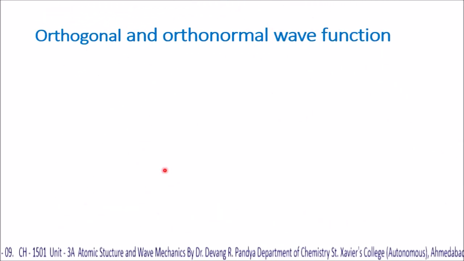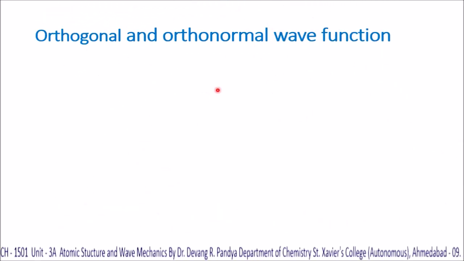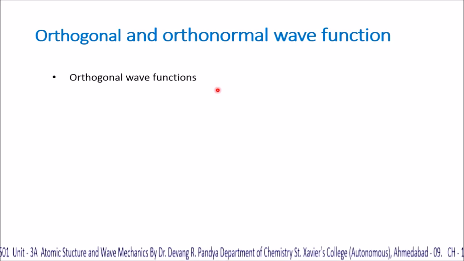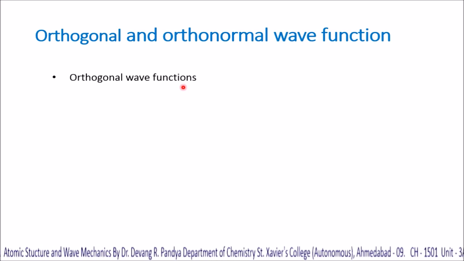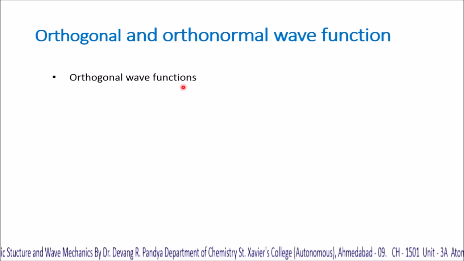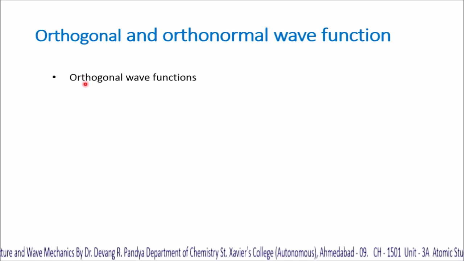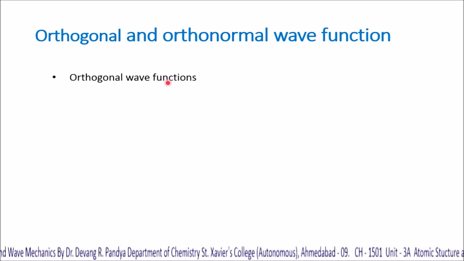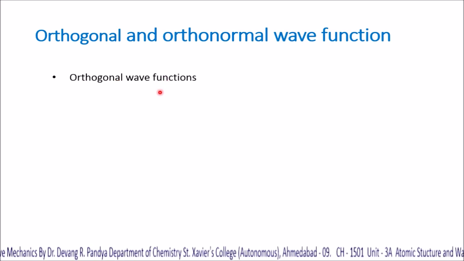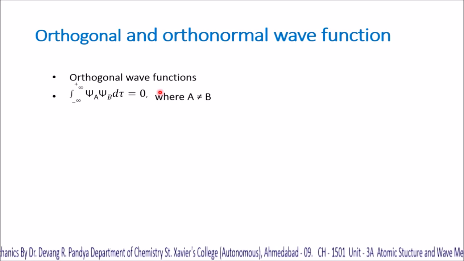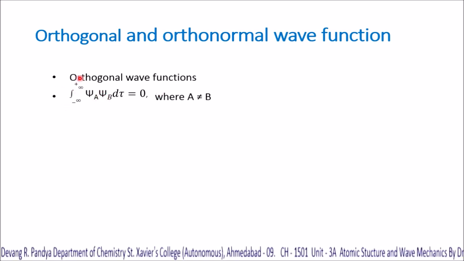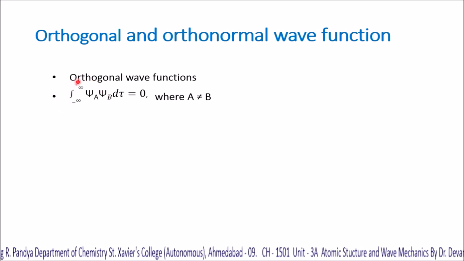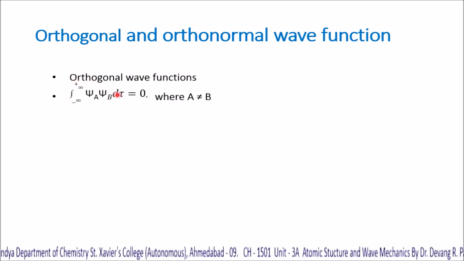Now, orthogonal or orthonormal wave functions. There is another condition for orthogonality. To prove normalization, we require only one function, or the function with its complex conjugate. But to prove the orthogonality of functions, we require at least two or more wave functions. Suppose we have two wave functions psi a and psi b, and we integrate from minus infinity to plus infinity over the volume d tau.